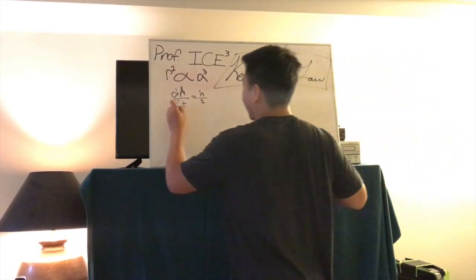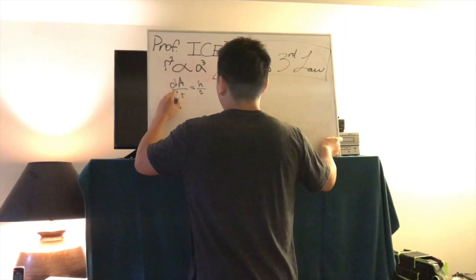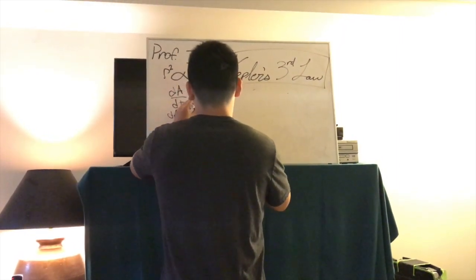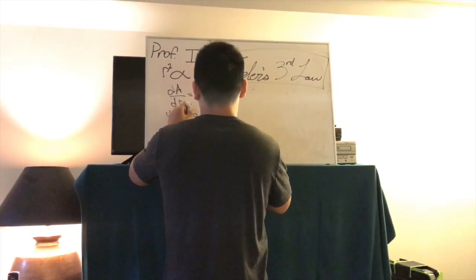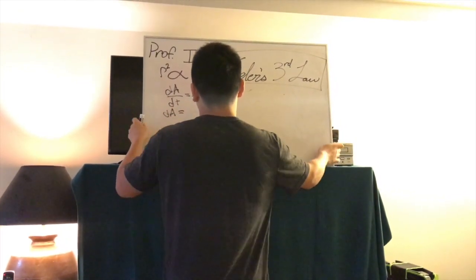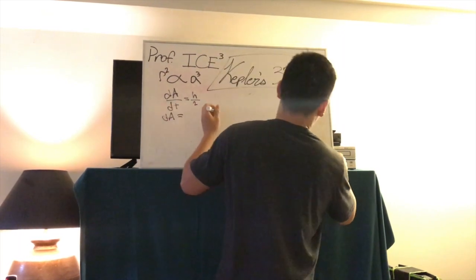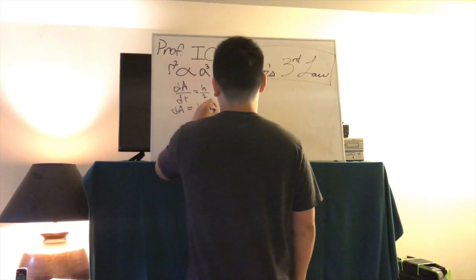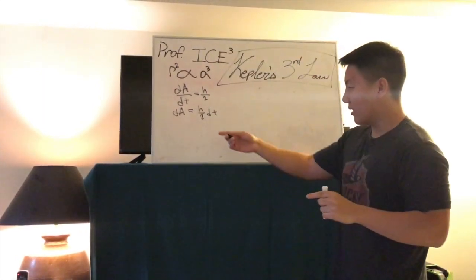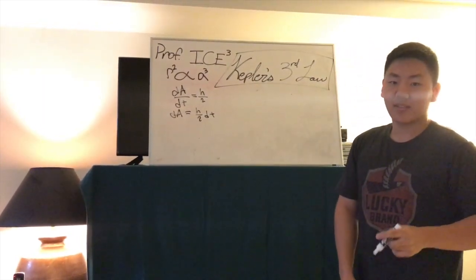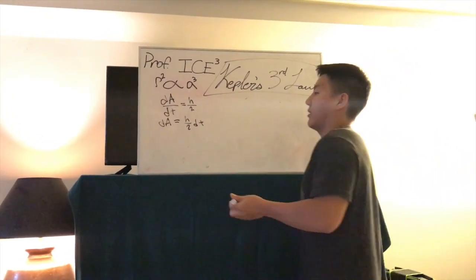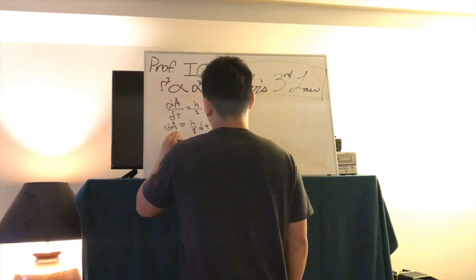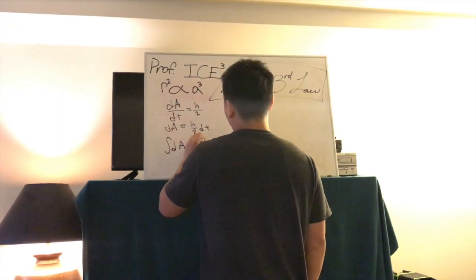Well, we could rearrange it so you get dA equals h over 2 dt. Now what should we do with this? We should integrate. So now we'll integrate dA, and h over 2 is a constant, so we can take that out.